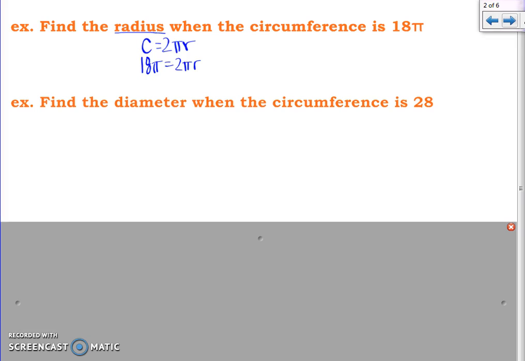What can we do to both sides to solve for r? We could divide by pi. That cancels out the pi's. So now we just have 18 equals 2r. And divide by 2. So 9 is our answer.